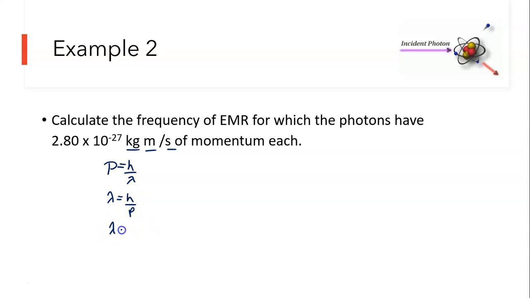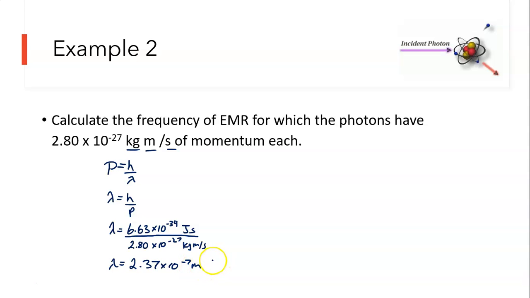What we're going to use here is our standard units for Planck's constant. And keeping momentum also in standard units automatically means that the wavelength is going to also be in standard units of 2.37 times 10 to the negative 7 meters.